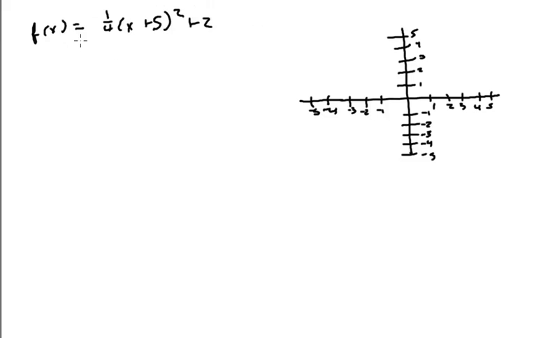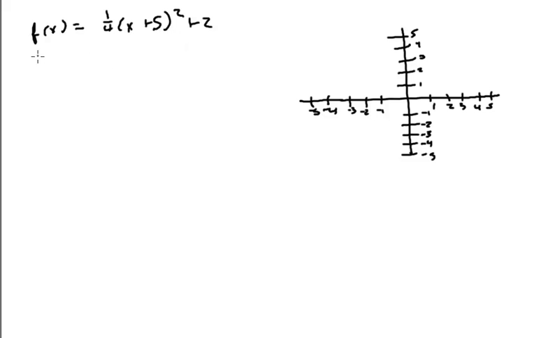Again, it's already in a form that makes it easy for us to see the vertex, and that's the virtue of this form: it's set up so that you can see the vertex. If it's not already in this form, then you can't just read the vertex right off of it. You use minus b over 2a.